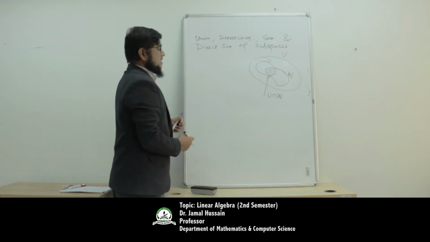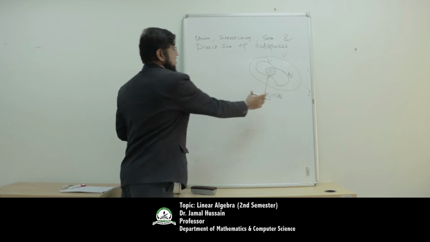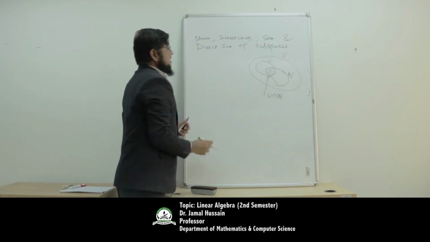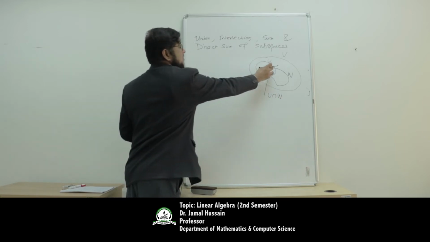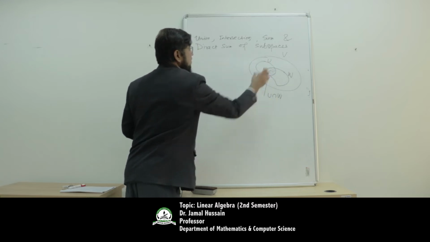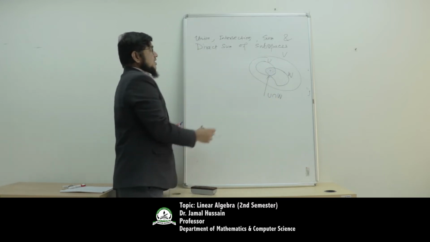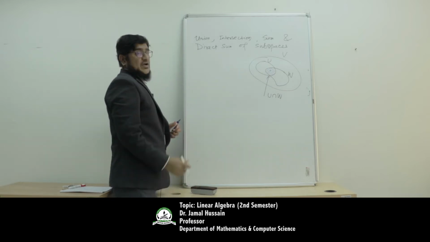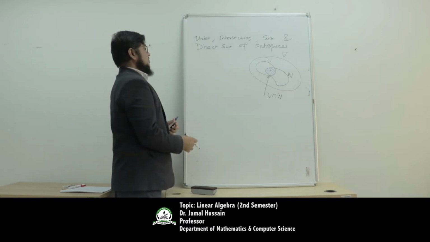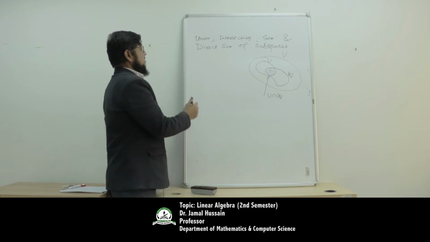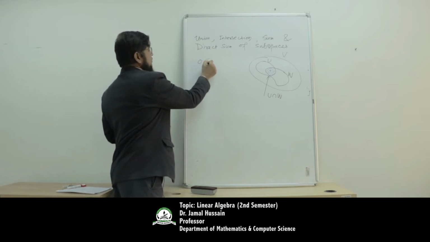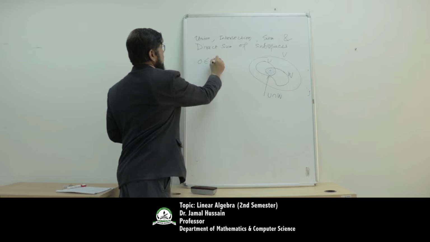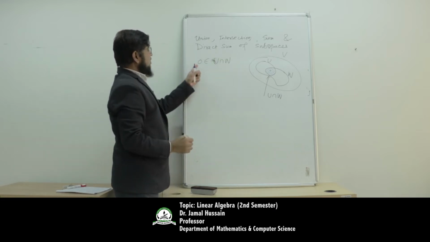So it is easy to verify whether this intersection is a subspace or not. Of course, this is a subset of V, it is a part of V, so it is obviously a subset, but whether it is a subspace or not, it has to satisfy those three conditions as I mentioned. So for 0, it's very easy to verify that 0 belongs to U intersection W. Why?